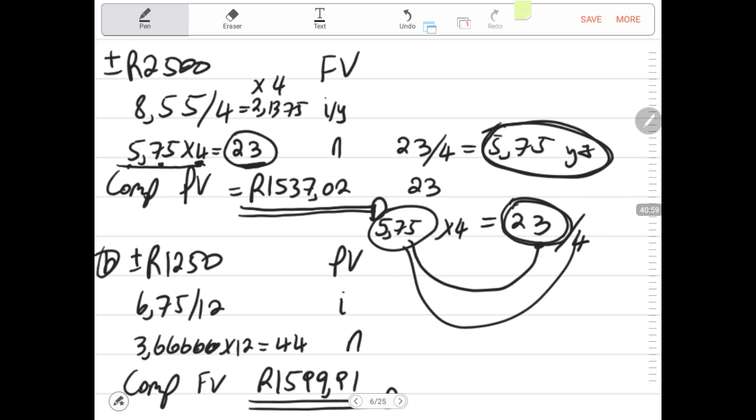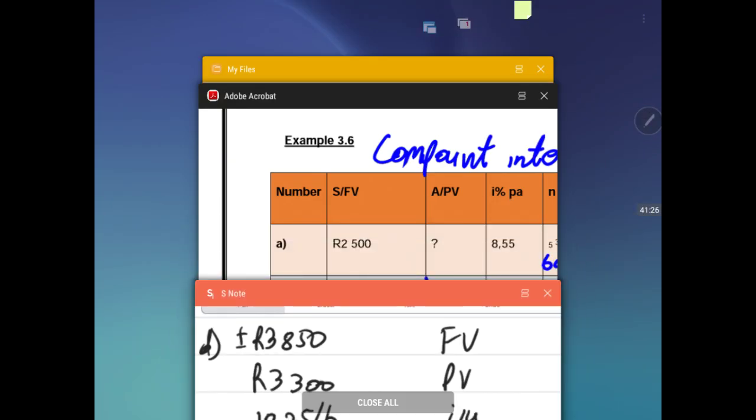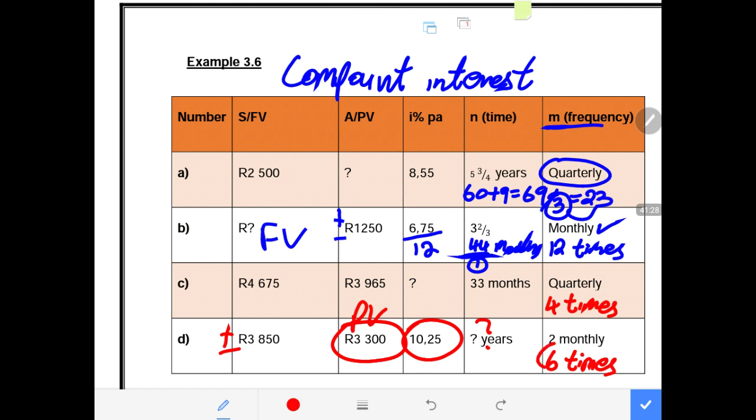So guys, I hope I'm clear with that. This 9.100 is the number of times the interest will be compounded, which we multiplied by the number of times the interest was compounded in order to get here. That is why now we need to divide by the number of times the interest was compounded, which in this case is 6 times, compounded every 2 months.